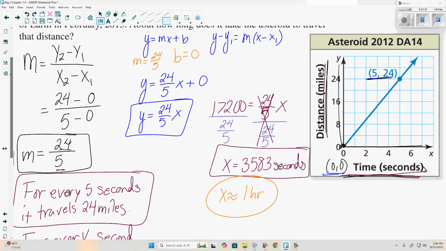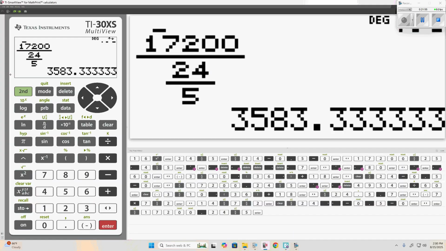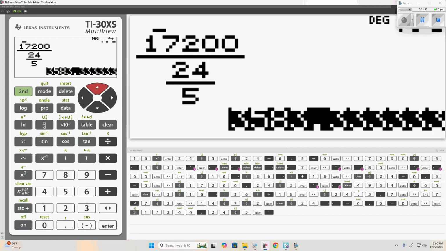Now, we can understand that this is actually considerably fast, yes? Well, 17,200 miles is quite a distance, but it's also kind of hard to grasp how far 17,200 miles is. We do know how far it is to the border, yes?